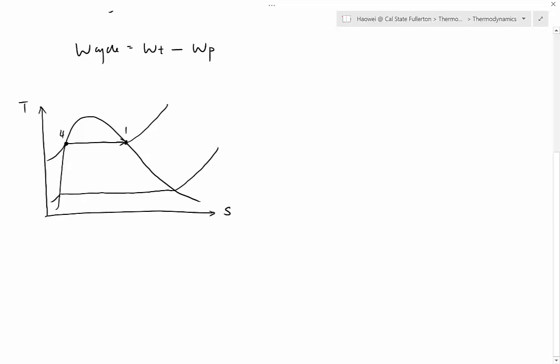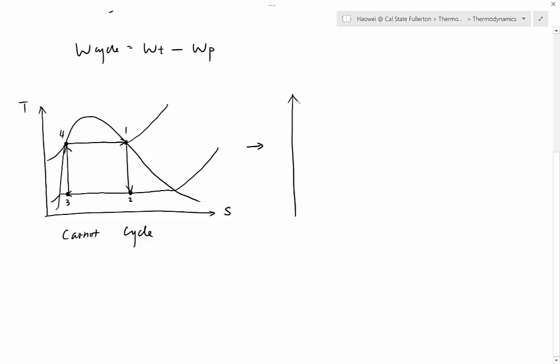And then 1 to 2, steam turbine goes straight down. What is the reason? Because 1 to 2 is isentropic, entropy does not change. 2 to 3, go to the left, cool it down. And then 3 to 4, vertical up, goes straight up because it is isentropic again. And the name of this cycle is Carnot. This is Carnot cycle.